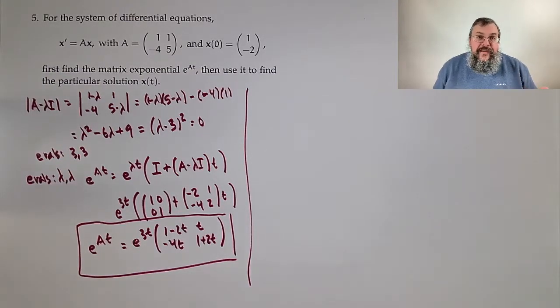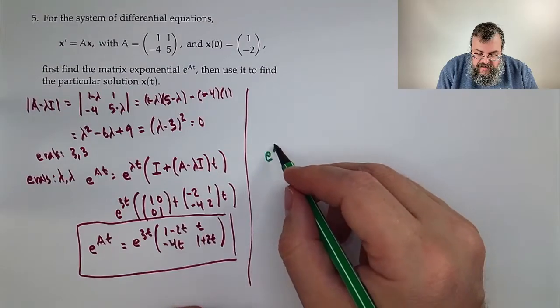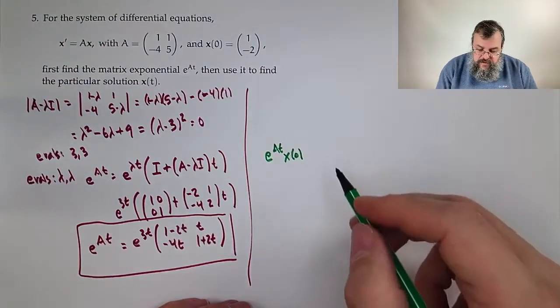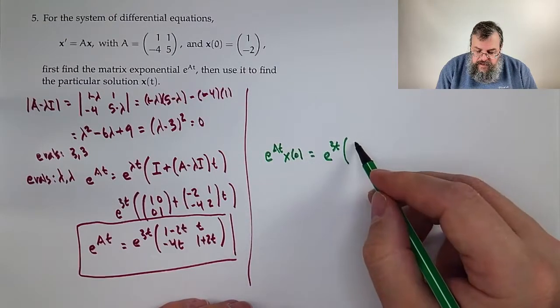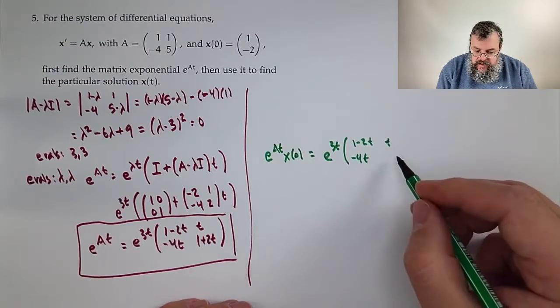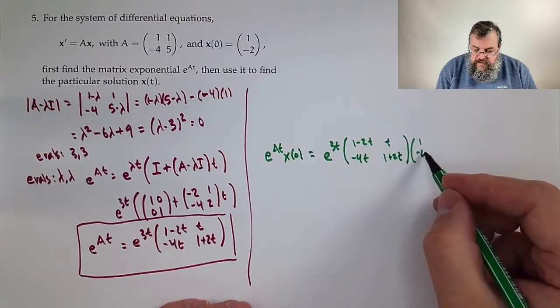It makes this next step very fast, very efficient. What happens is you take e to the At times x0. So for us, that's e to the 3t, we have our [1 minus 2t, t; -4t, 1 plus 2t], times [1; -2].